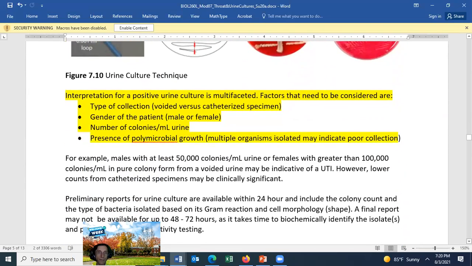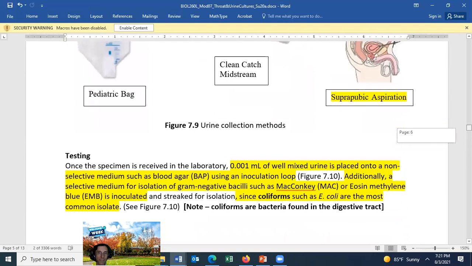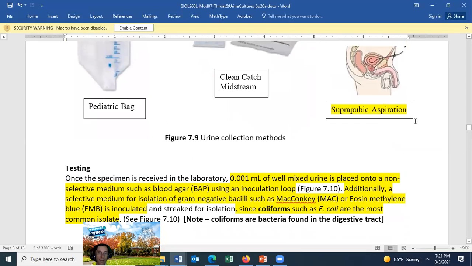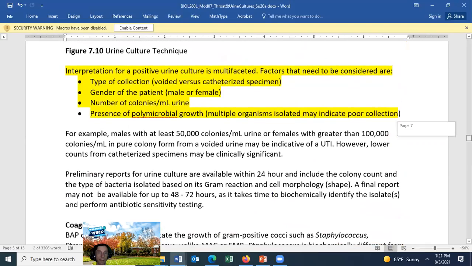The interpretation for positive urine culture is multifaceted. Several factors have to be considered. The type of collection, for example, midstream clean catch system, as opposed to a catheter or a suprapubic aspiration, will have different numbers of contaminating bacteria.